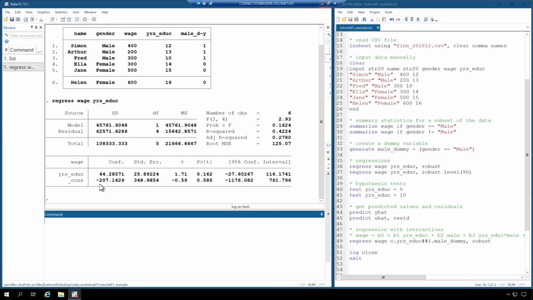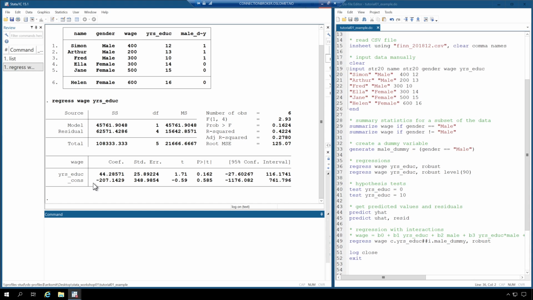So what we get here is the coefficient on years of education is 44, which means that given a 1 unit increase in education, which is 1 year, then we would expect the wage to increase by 44.